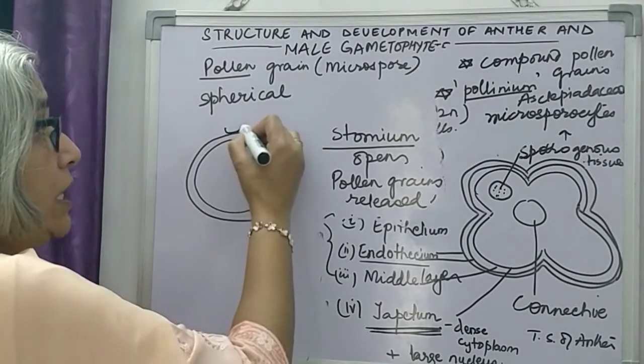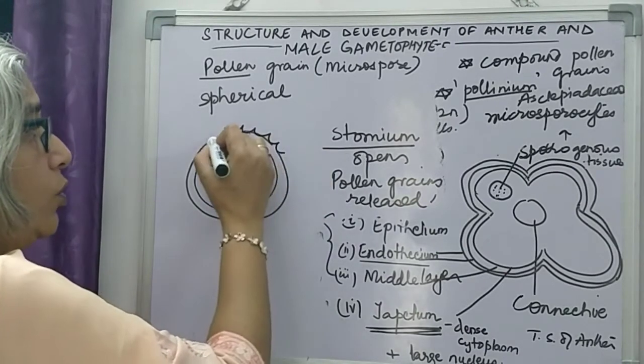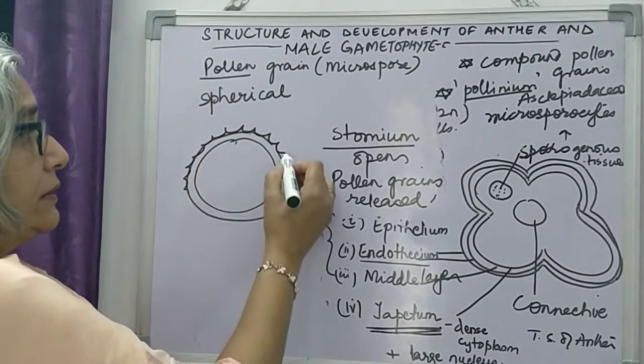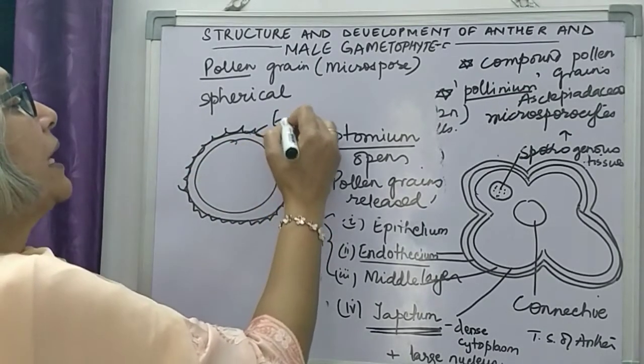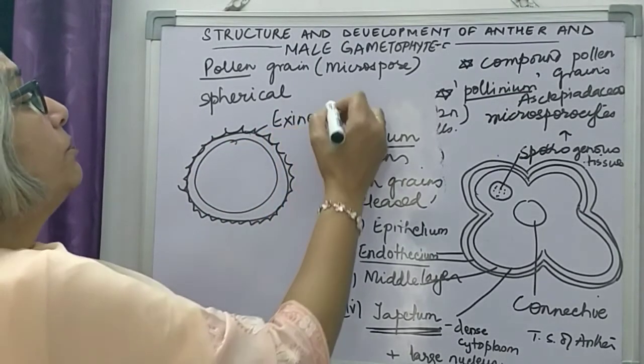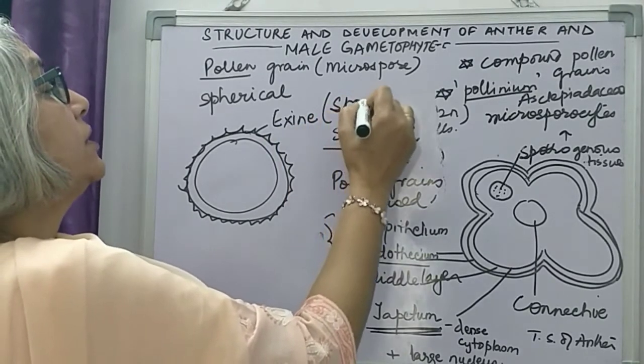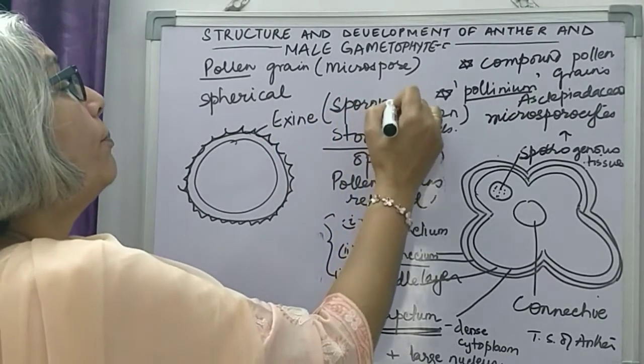The outer layer has got spiny outgrowth like this, and this is called the exine. It is made up of a special substance called sporopollenin.